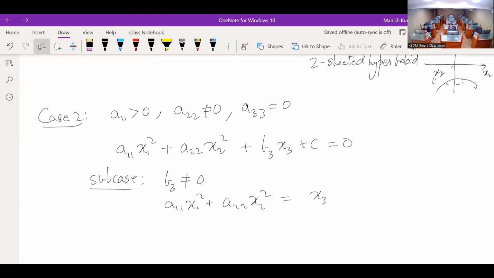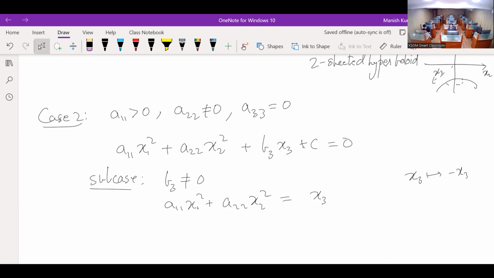Whether it goes positive axis or negative axis, I can take the transformation x3 going to minus x3 as well, and it will not change the shape of the thing. It will just invert. So if you are thinking of x3 as the positive axis, if you do this transformation and look at what the image is, it just reverses it. So it will not change the shape, is what I'm trying to say.